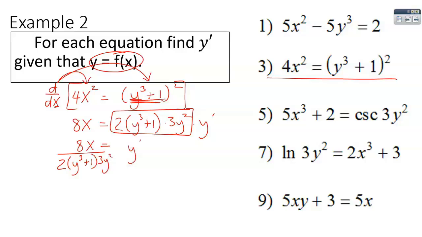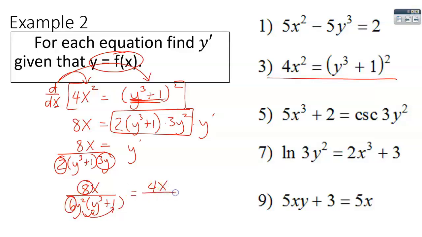But they would probably simplify it a little bit by putting these two things together. They might even go the extra step and distribute this in, although I doubt it, honestly. But I do see that they would probably reduce the 6 and the 8. So there's a few different ways that this answer can be written.